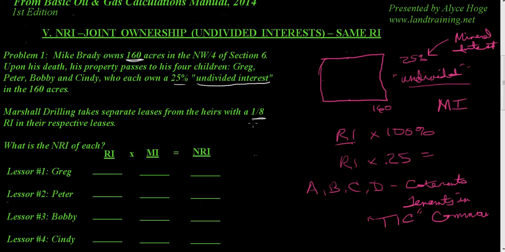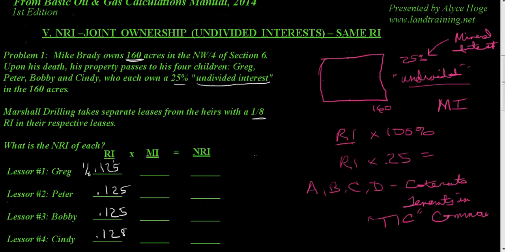So let's look now at what is the net revenue of each. If we look at Greg, Greg has a 1/8 royalty or 0.125 royalty interest. And in fact, they all have that 0.125 interest. I'm just going to put it in each of these. So they all negotiated a 1/8 royalty, which is a 0.125 interest.